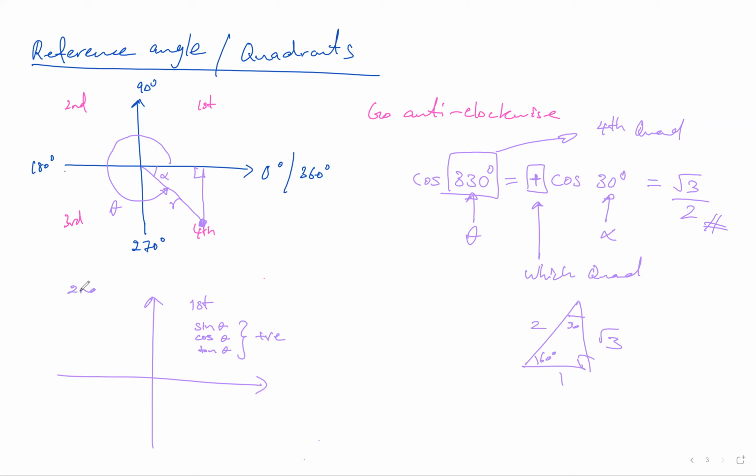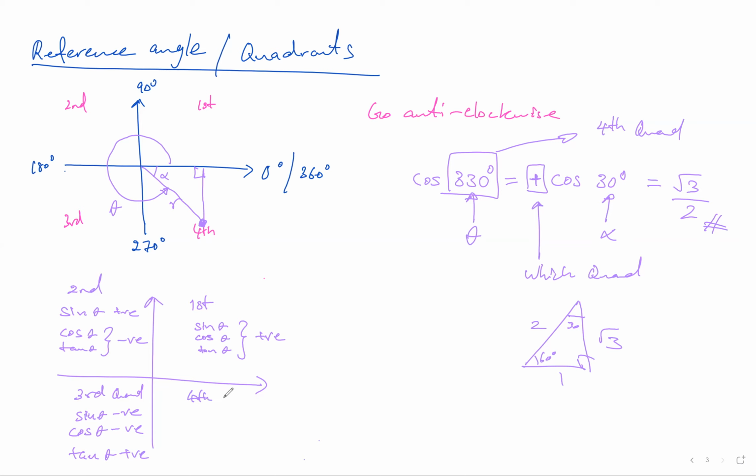Second quadrant, only sine theta is positive. Cosine theta and tangent theta are negative. Third quadrant, sine theta is negative, cosine theta is negative, but tangent theta is positive.